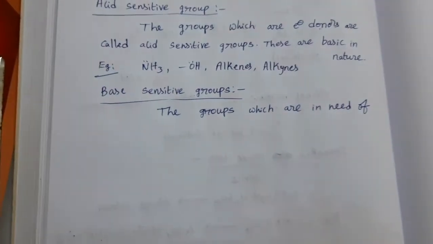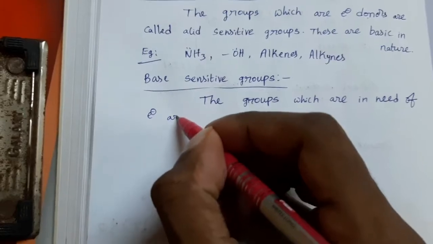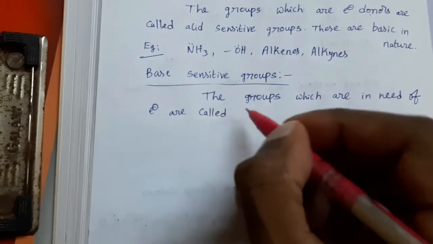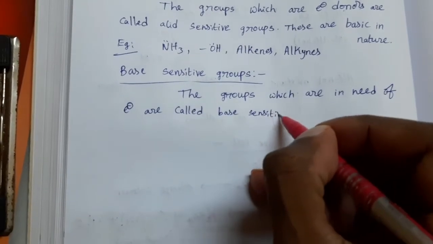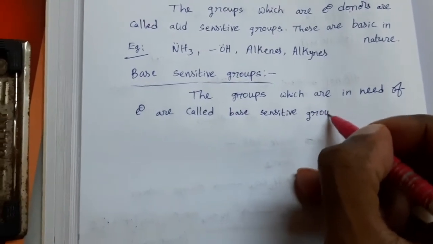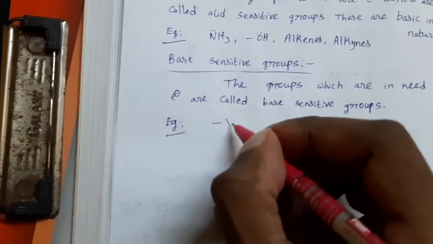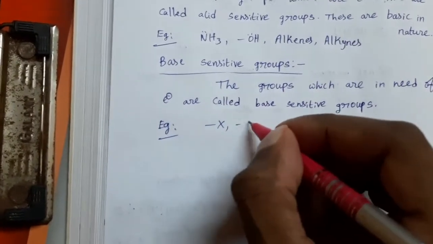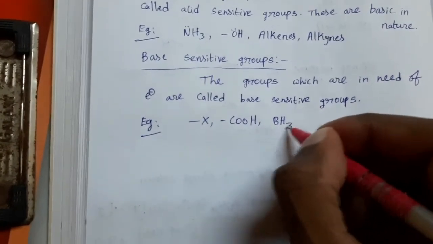The groups which are in need of electrons are called base sensitive groups. Example for this: halogens, COOH and BH3.